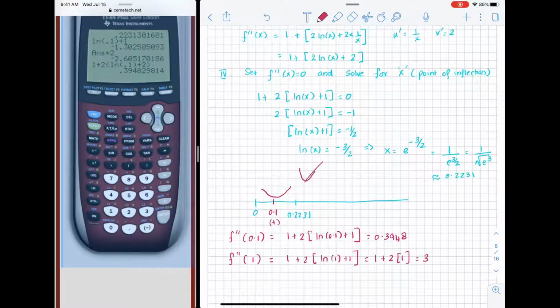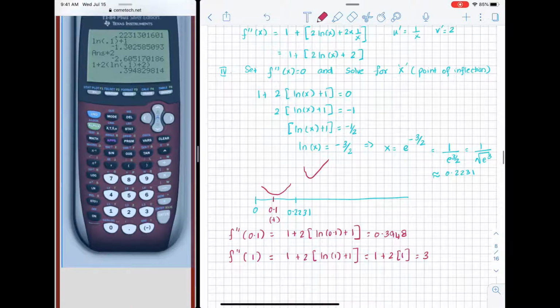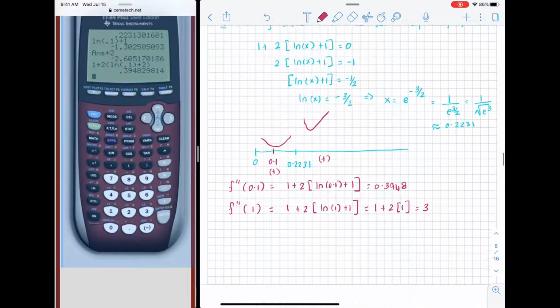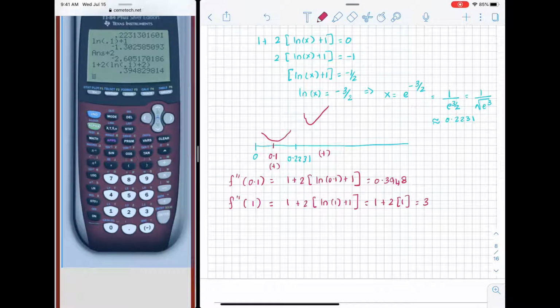So we have concave up there as well. So according to the second derivative test, the function is concave up for all values of x in 0 up to infinity.